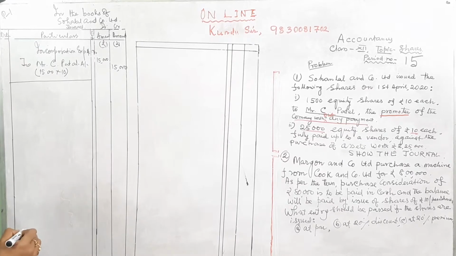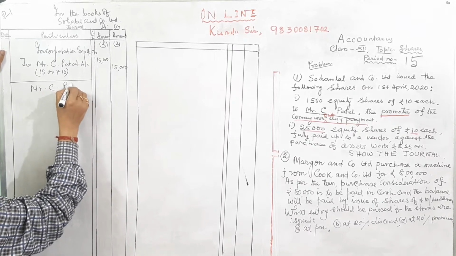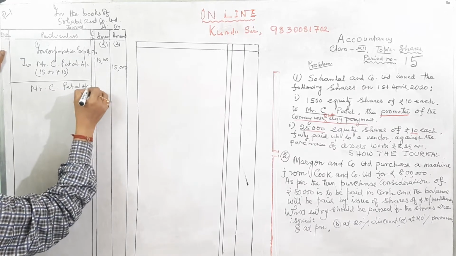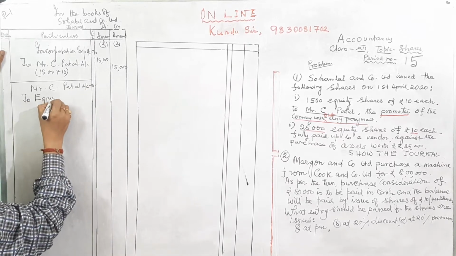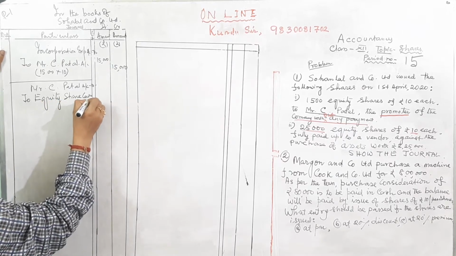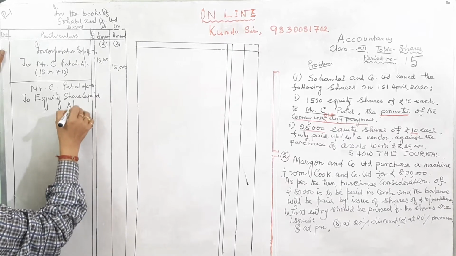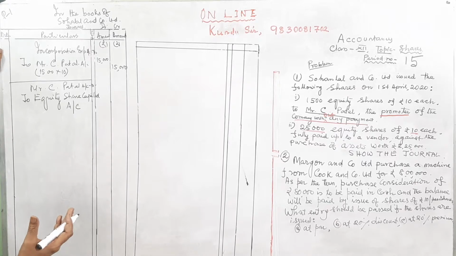Thereafter the second entry: Mr. C. Patil account debit to equity share capital. It is suggested that instead of share capital, it is better to write equity share capital, because share capital may be on the ground of equity shares or preference shares. Since there is no question of preference shares here, you can write equity share capital.